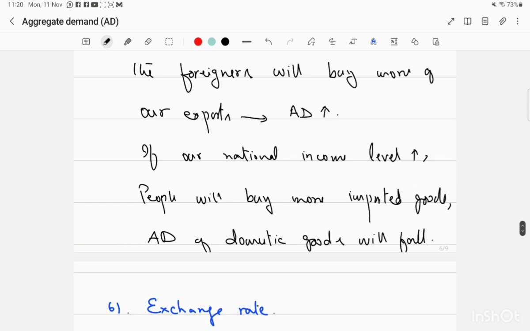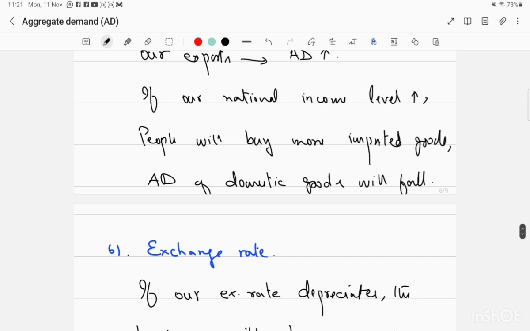If in other countries there is economic turmoil, like a recession in the USA or the European market, our export demand will decrease and aggregate demand will also shift downward. If our national income level increases, people will buy more imported goods and aggregate demand for domestic goods will fall. So when we buy more imported goods, aggregate demand for our goods will shift downward.